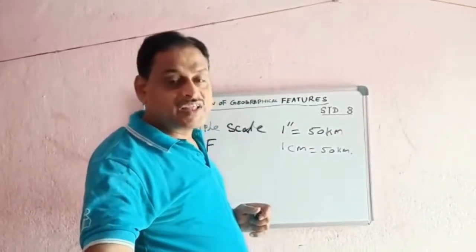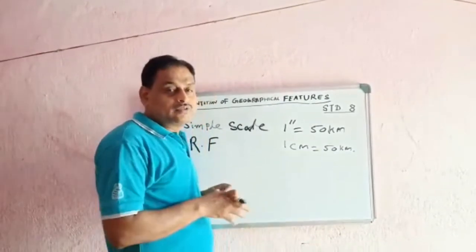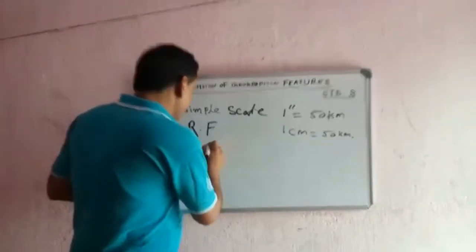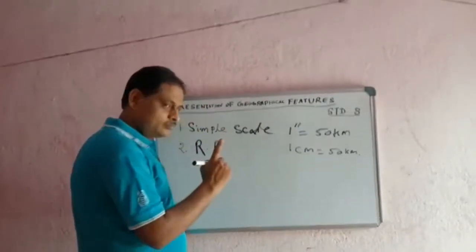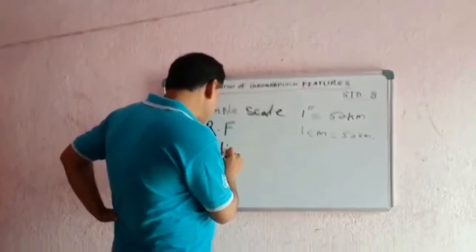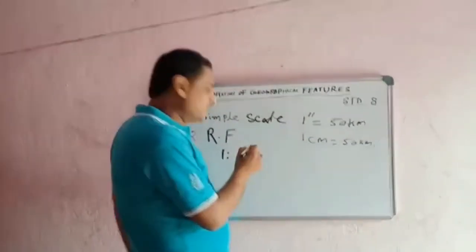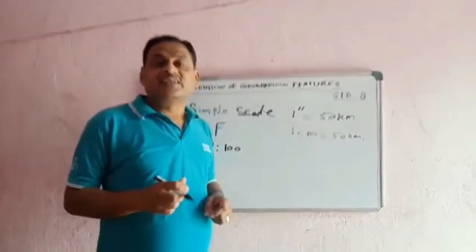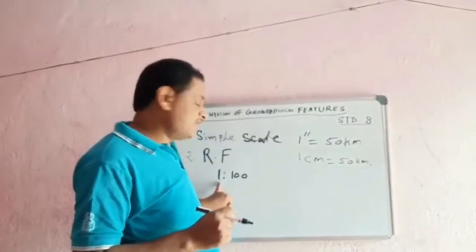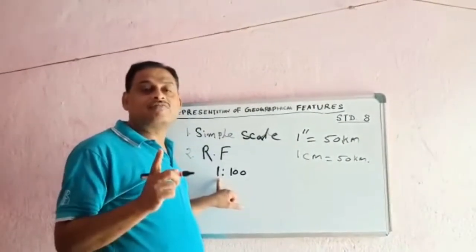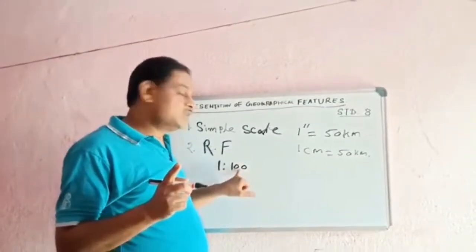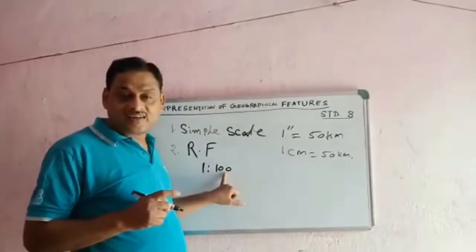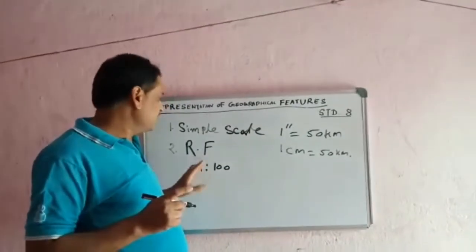For example, I am giving you an example of representative fraction, that is 1 is to 100, which means that every one unit on the map equals 100 of the same units on the ground. Clear? Once again I repeat about RF.